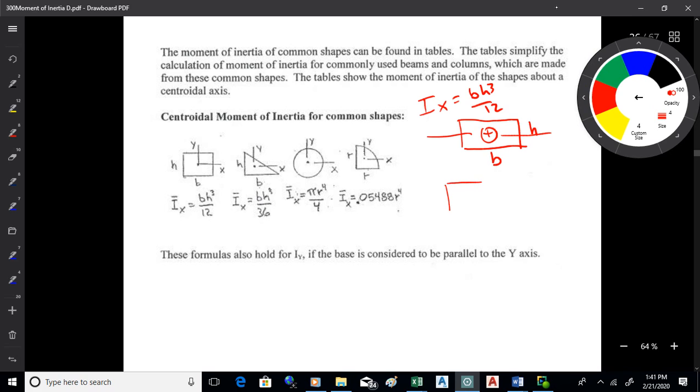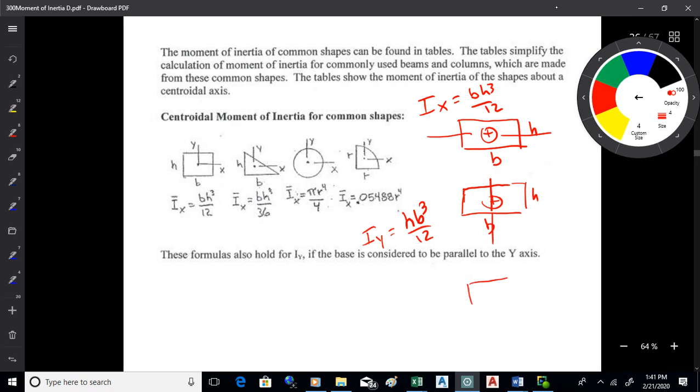Now, what a lot of textbooks will tell you, if you look at them, is they'll tell you in their way of doing it that I sub y is then hb cubed over 12, right?